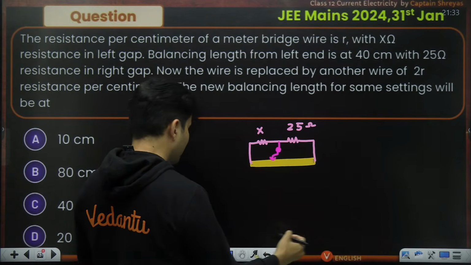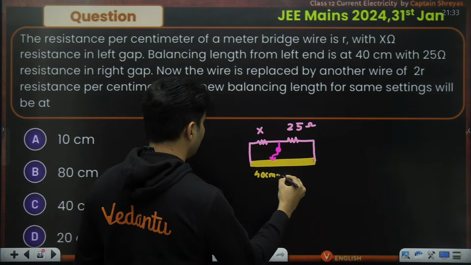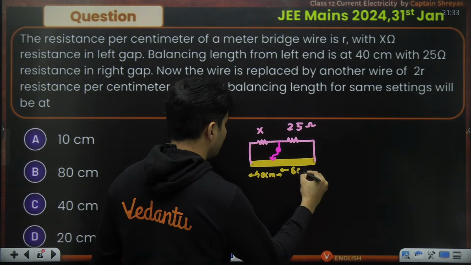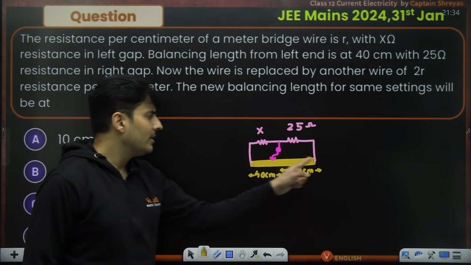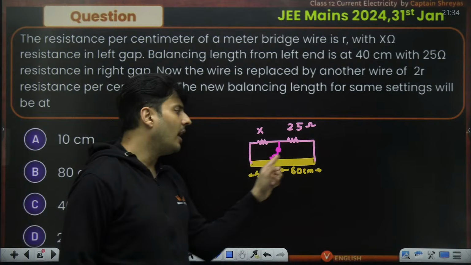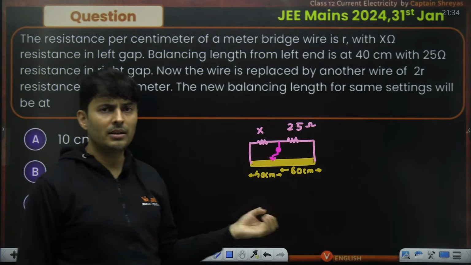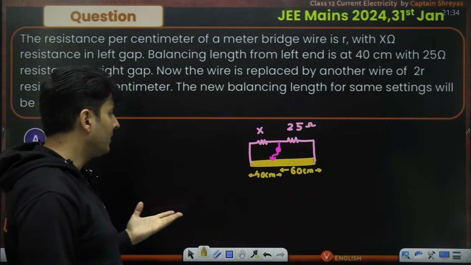It is connected here, and the balancing length is 40 centimeters. So naturally this much will be 60 centimeters. Now tell me, if this wire, instead of being R ohms per meter or 2R ohms per meter or 100R ohms per meter or whatever resistance per unit length, how does it matter?